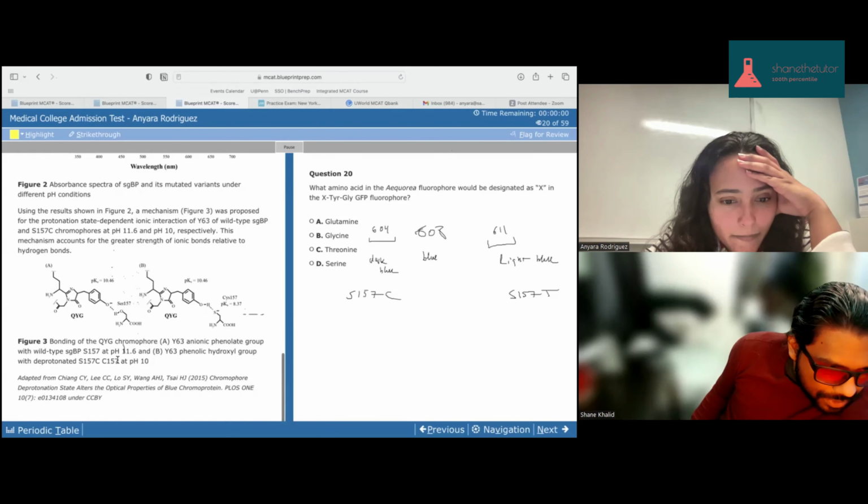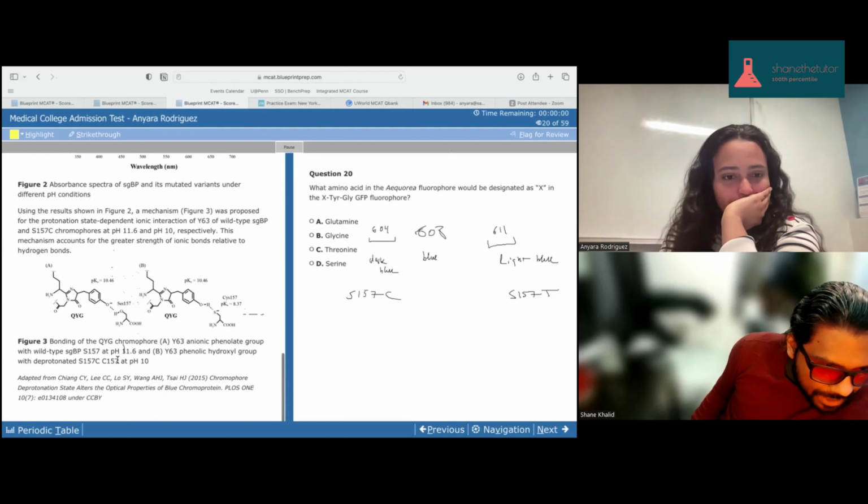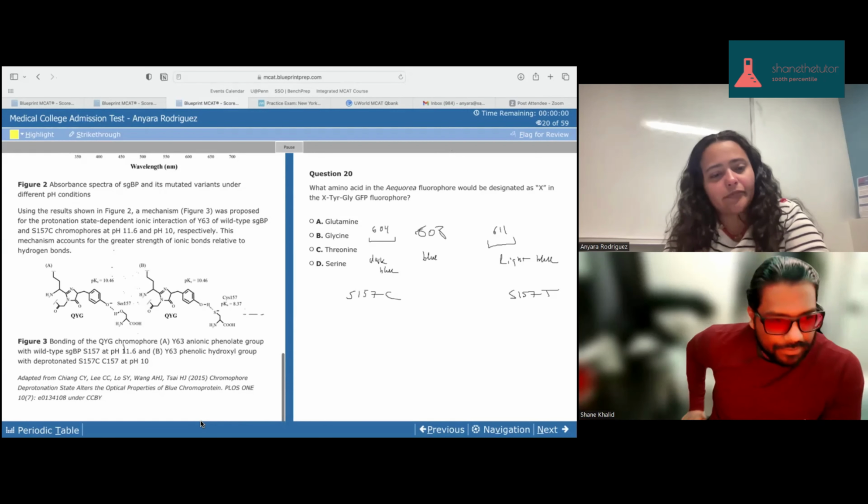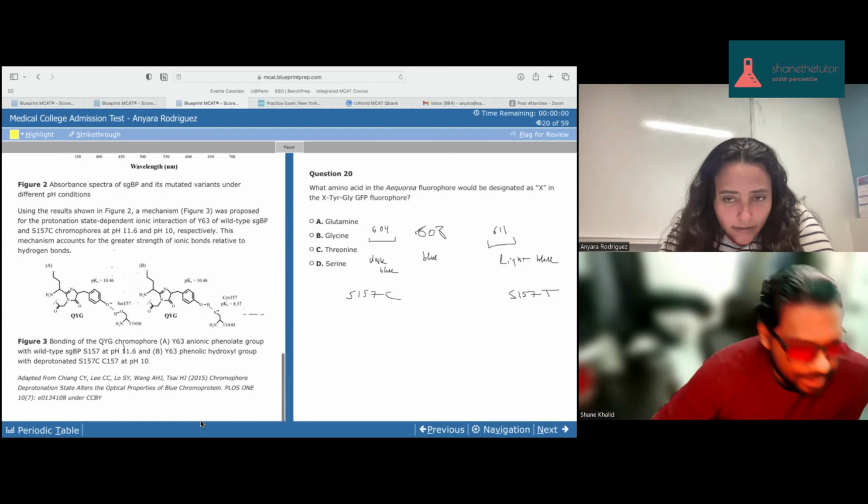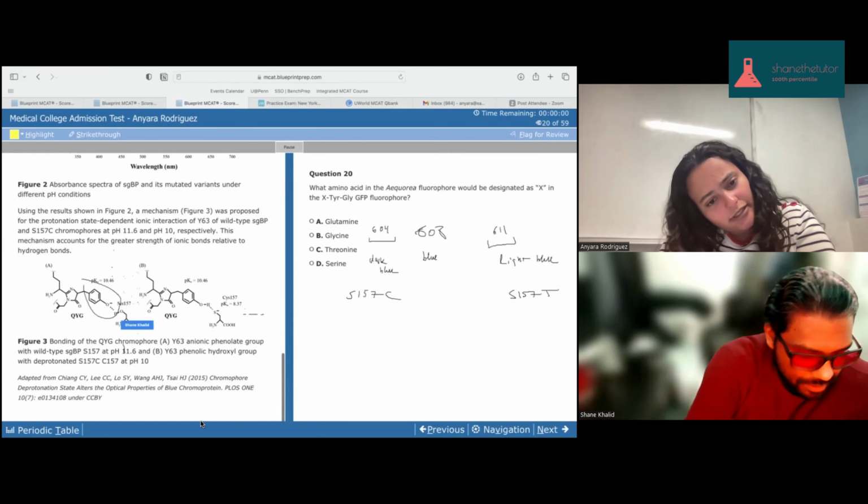Let's see. So the caption says bonding of the QYG chromophore. For A, it's the Y63, the tyrosine, which is anionic phenolate. So this thing over here.